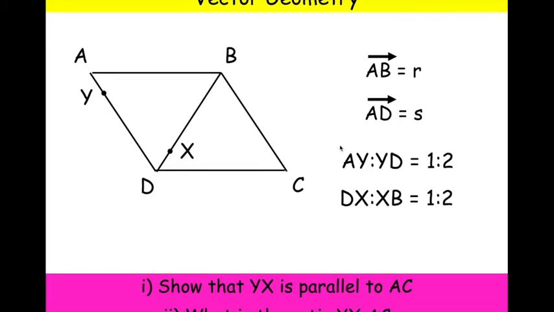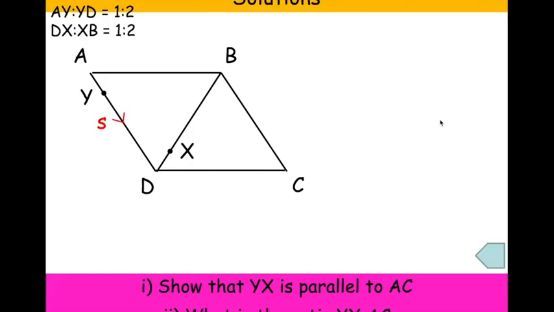Okay, let's put this information first into the diagram. So this is vector r, and this is vector s, based on the information given. Let's find vector AC first. Vector AC is equal to r plus s.